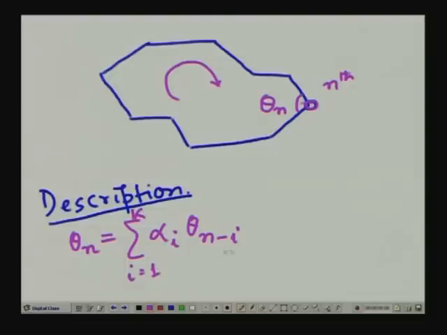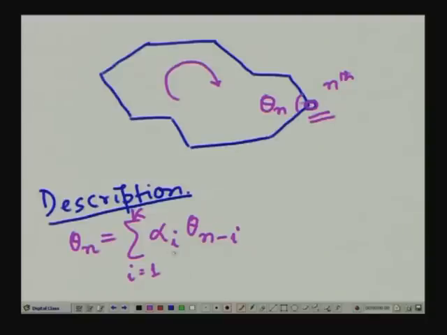So, I have an autoregressive model like this, where I consider k number of previous angles, the linear combination of which represents this nth angle.